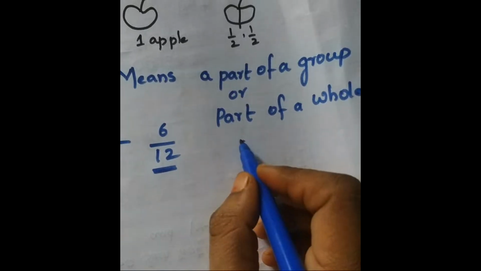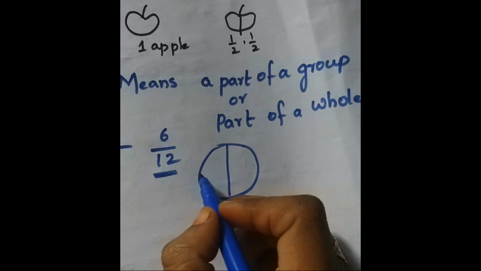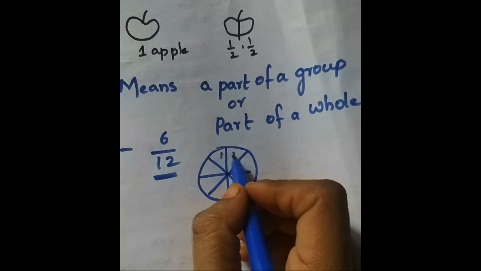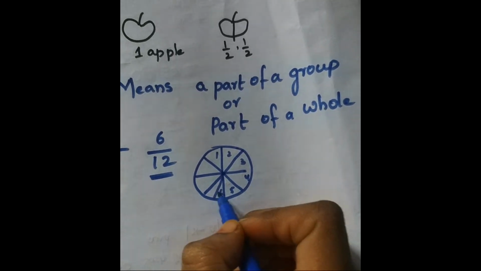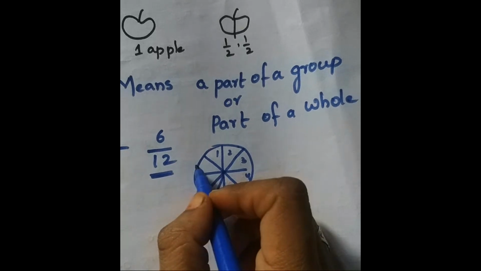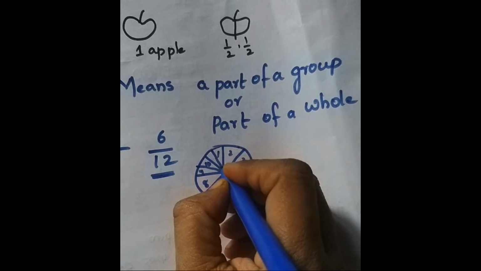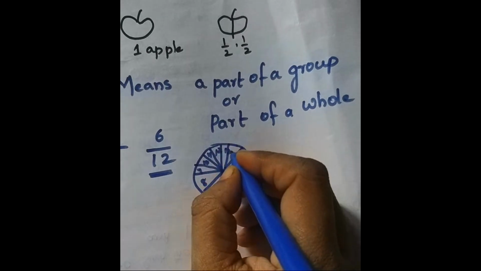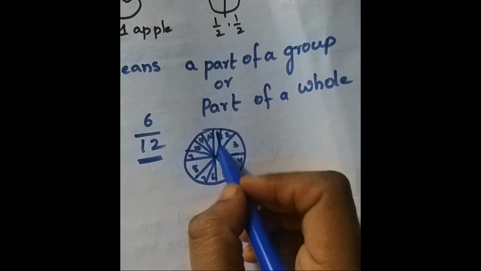In the circle I am shading like this. 1 2 3 4 5 6 7 8 9 10 11 12. These 12 parts, I am shading 6 parts.